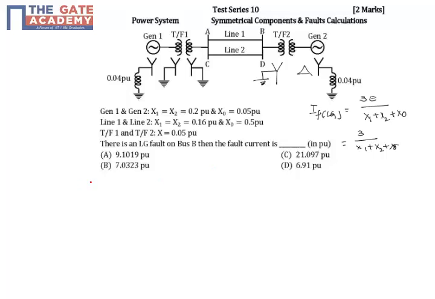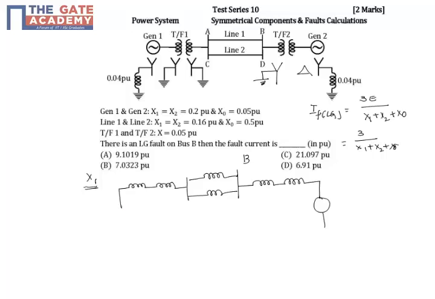Now first I will try to calculate x1, that is the positive sequence reactance of the network. If you see here, this is a generator having some positive reactance, the transformer is having some positive reactance, and the transmission line is having some positive reactance, and this is a bus B, then the transformer, then the generator, and here are the generator voltages, the positive sequence voltages.